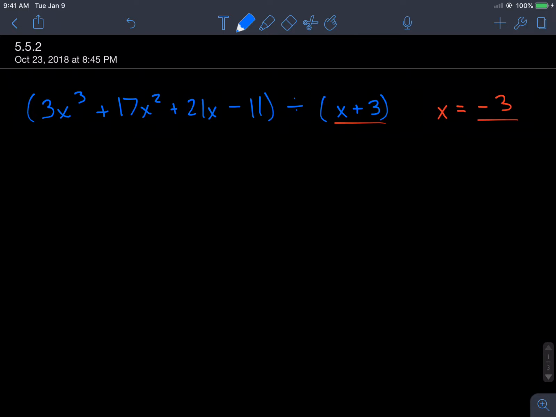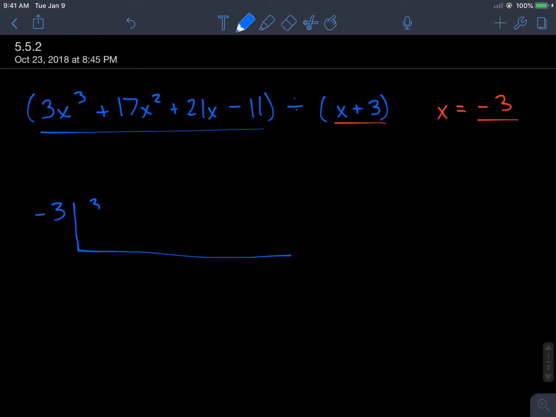So here's how we set this one up. We're dividing by x plus 3, and so the 0 that goes with that is a negative 3. So we're going to do negative 3 here, and we do our division thing upside down. Then instead of filling in with the whole term, we just fill in the coefficients in order of terms with highest exponent to lowest, pretty much the way it's given.